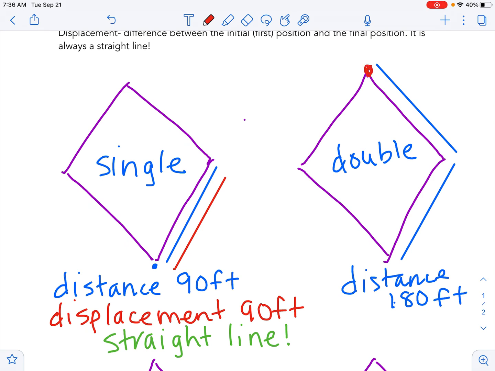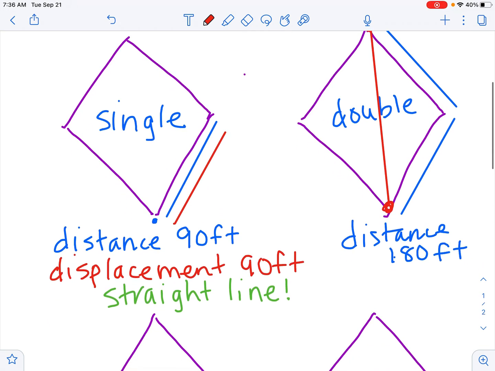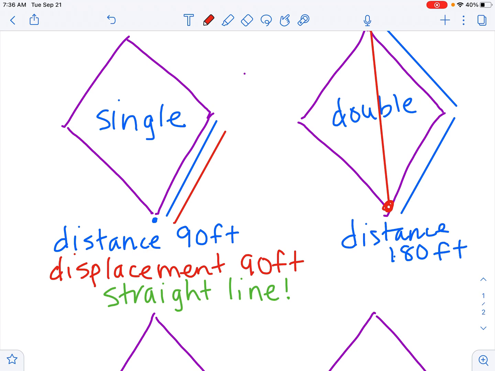Well, this is where we started, and this is where we ended. So we have to draw a straight line from where we started to where we ended. And that amount, the distance between second base and home plate, so the displacement, and I'll just tell you this because who would know this in your normal life, right?